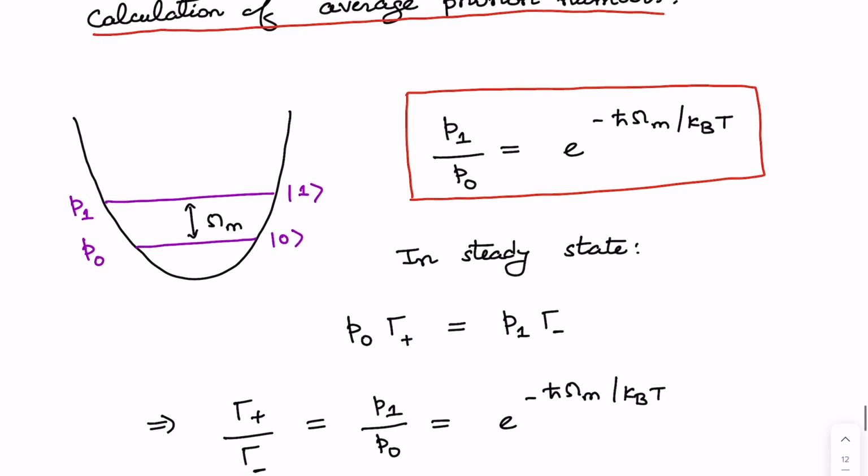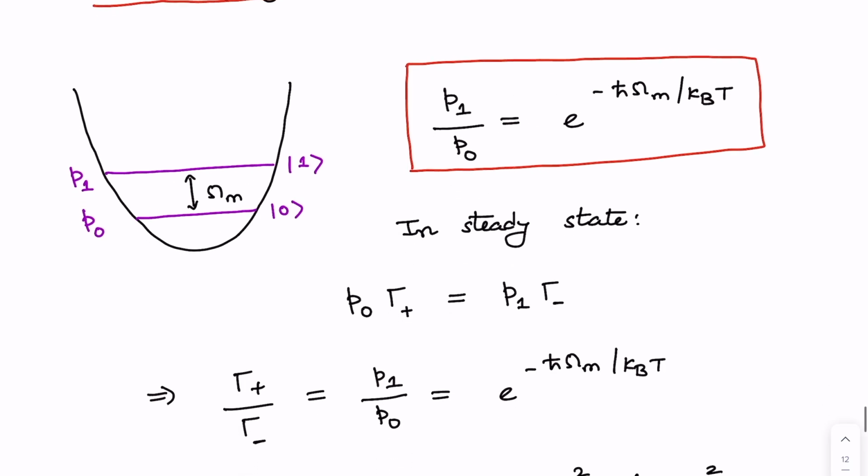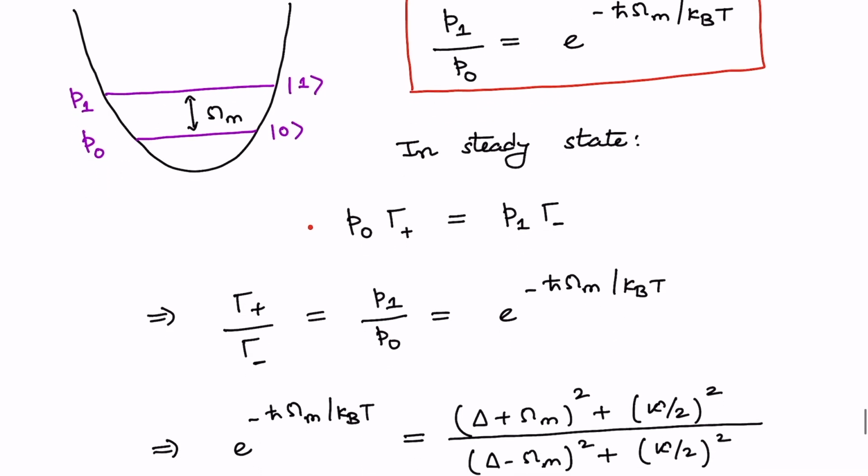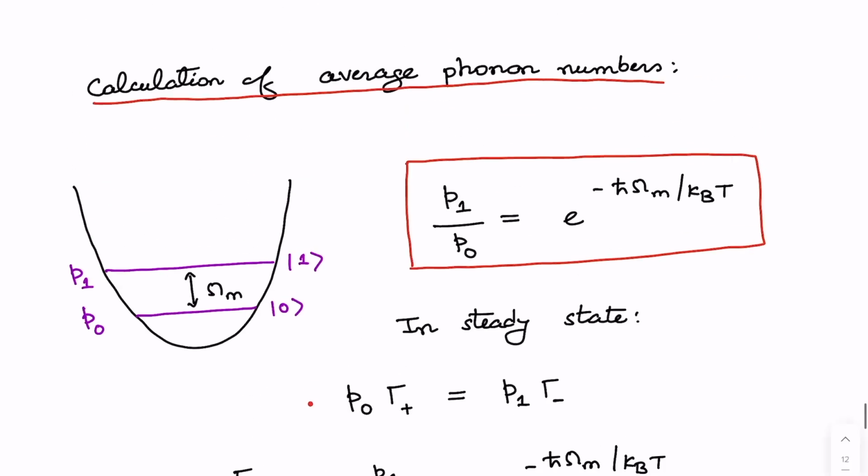Now in the steady state, the number of upward transitions should be equal to the number of downward transitions. Utilizing this condition, the ratio of gamma plus and gamma minus would be equal to P1 by P0, and we already have the expressions for gamma plus and gamma minus.